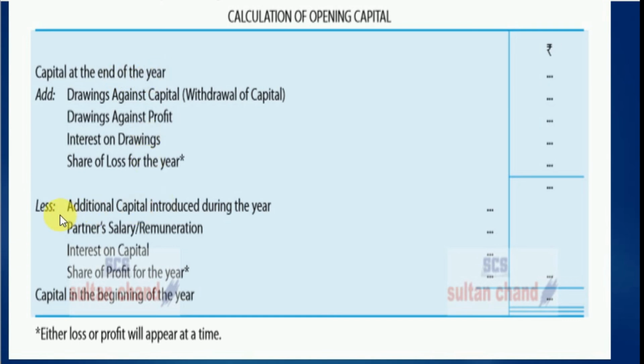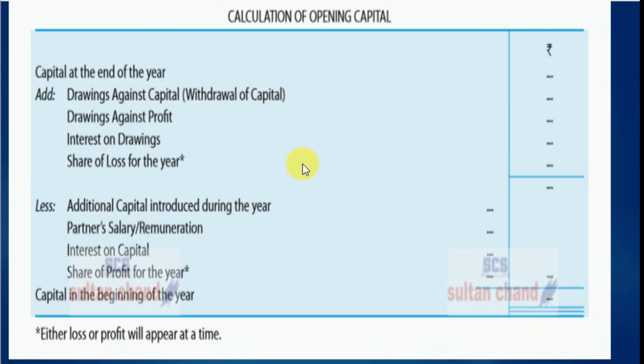And now comes the less items. We will deduct the additional capital introduced during the year, partners' salary or remuneration, interest on capital to the partners, and share of profit obtained with the help of the profit and loss appropriation account; that will also be deducted from the closing capital of the partners.